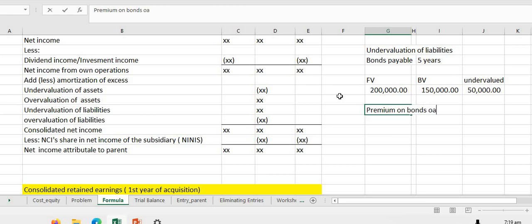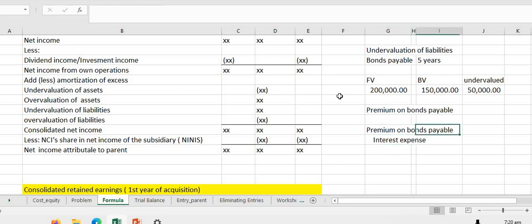So, how do we amortize for this excess? Pag amortize, how do we amortize premium, diba? So, yung entry natin, when we amortize premium, we debit premium on bonds payable, diba? And then we credit interest expense. So, assuming a straight line method of amortizing our premium.